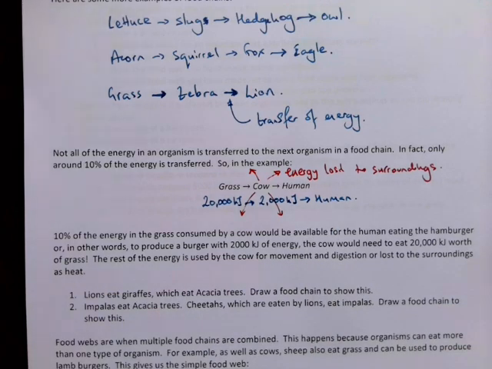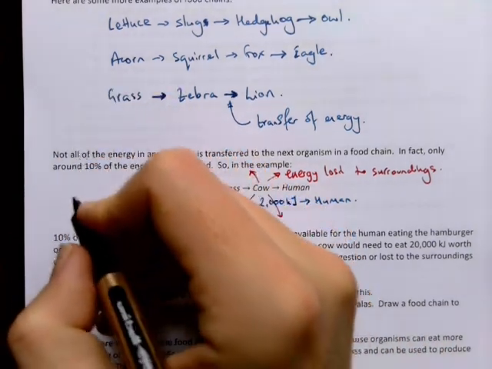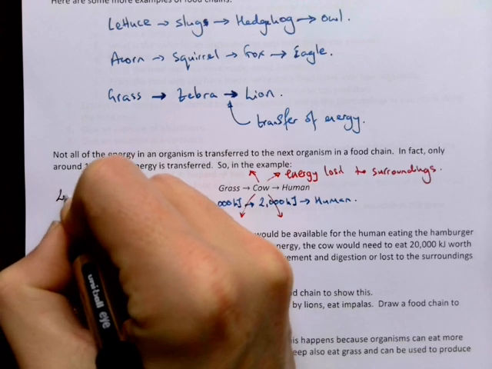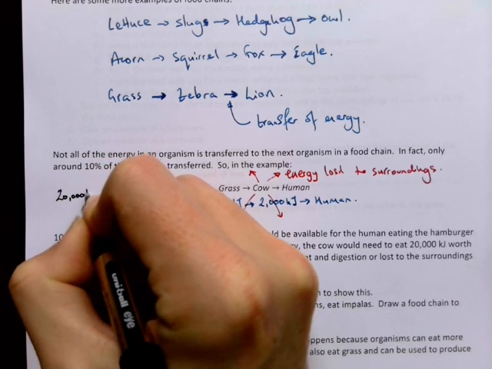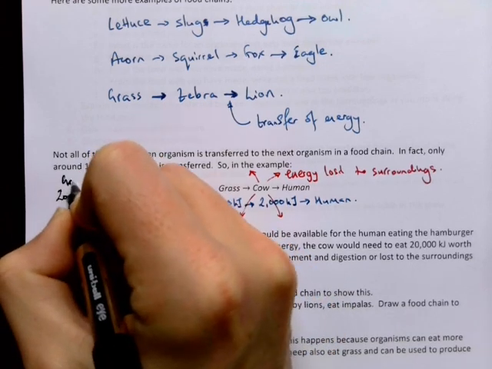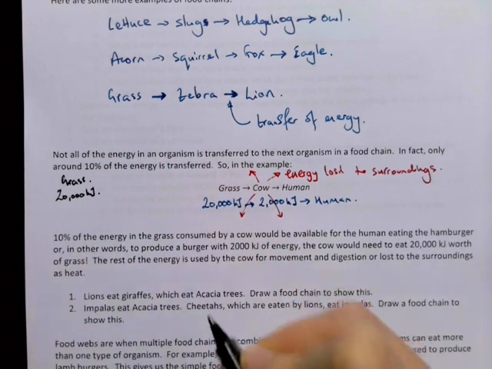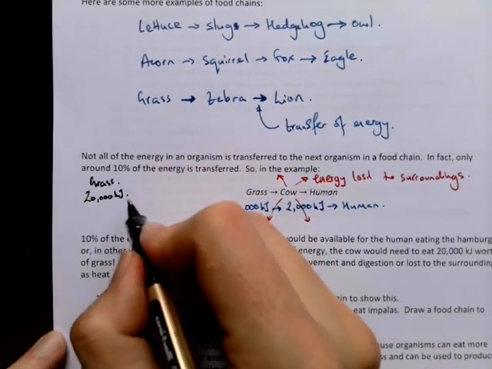So I might have here 20,000 kilojoules of energy in my grass. And where does that 20,000 kilojoules of energy go?